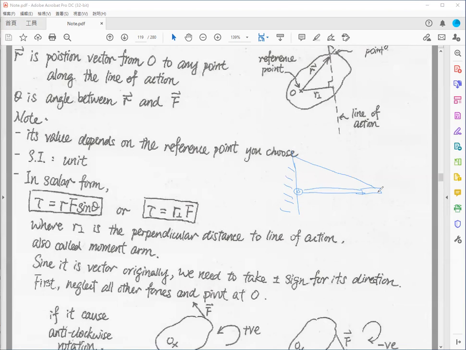If there's no hinge, then we can take the moment at any point you like. But of course, some points will make your calculation easier, and some points will make your calculation seem impossible. It depends on your experience.